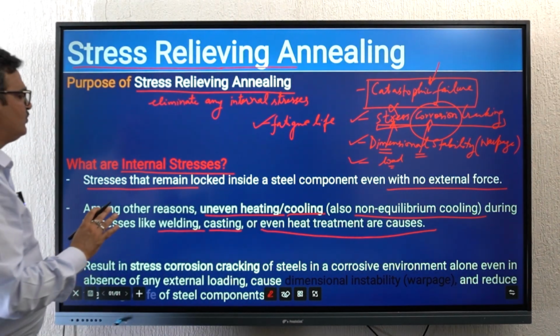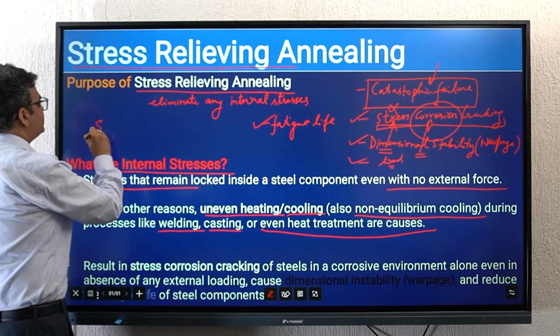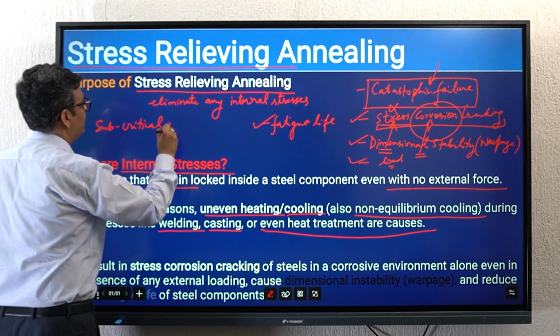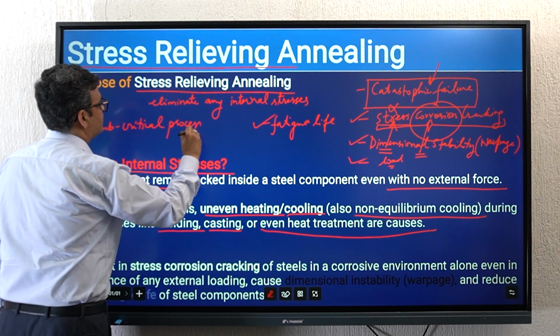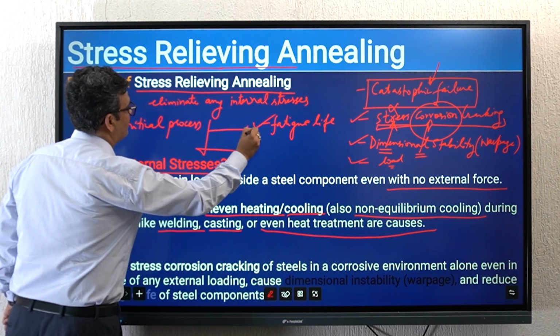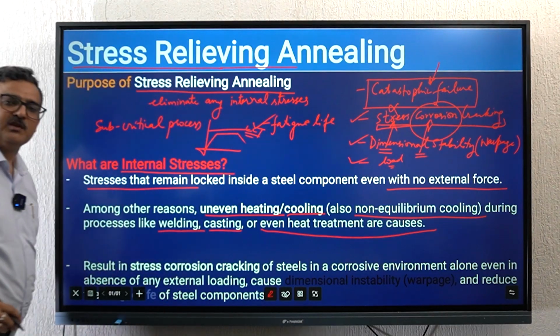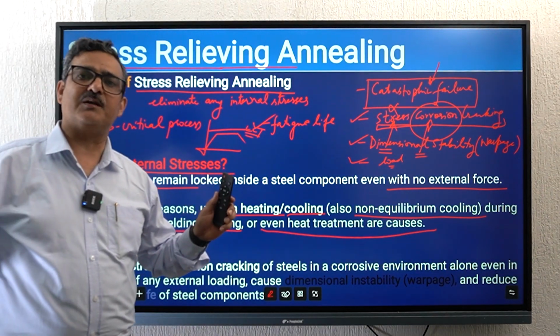Essentially, students, this process is a subcritical process. Subcritical process, what does that mean? That means, in this process the heat treatment temperature would be lower than even the lower critical temperature of the steel. So no phase transformations will take place.